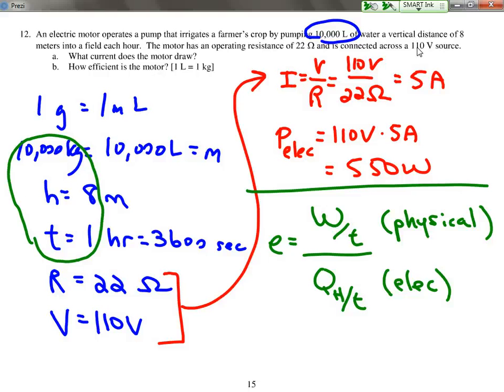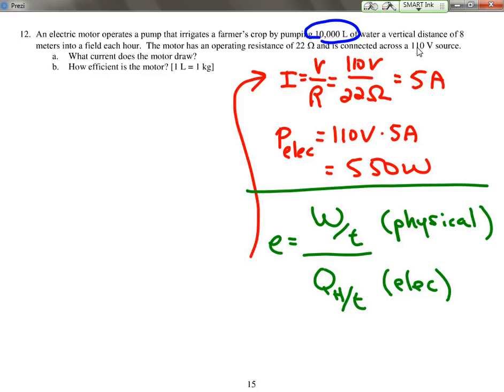So the physical power is equal to work over time, or mgh divided by t. That's the physical work done.